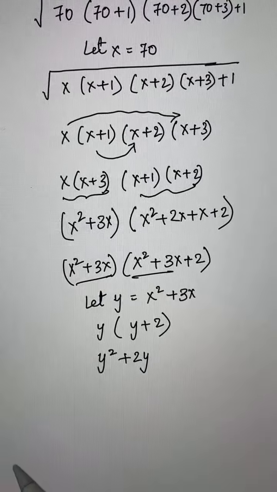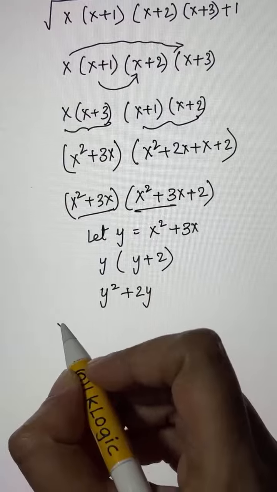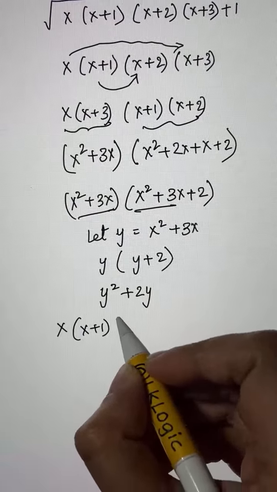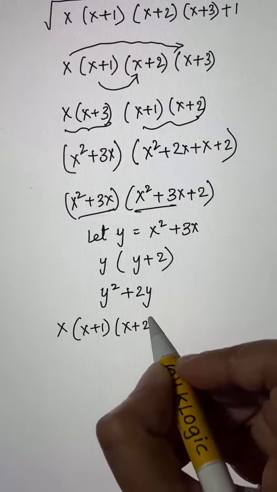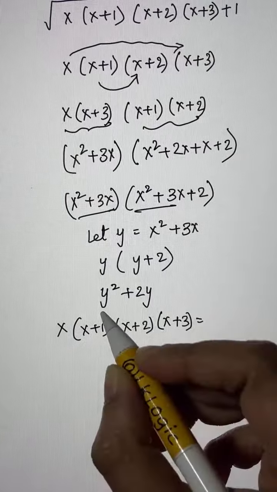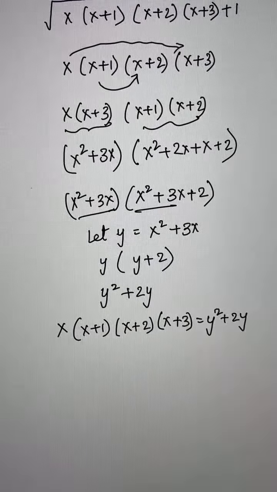So we're going to equate that to y squared plus 2y. Let's write that down: x times x plus 1 times x plus 2 times x plus 3 is equal to y squared plus 2y. Is that right?